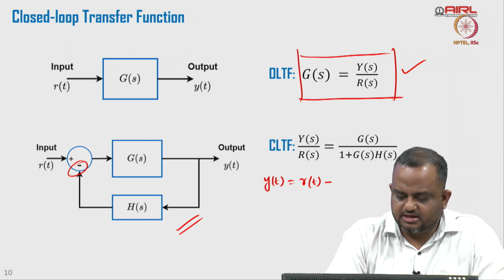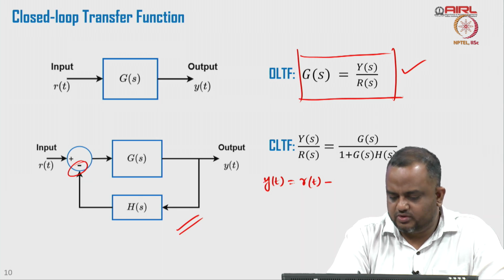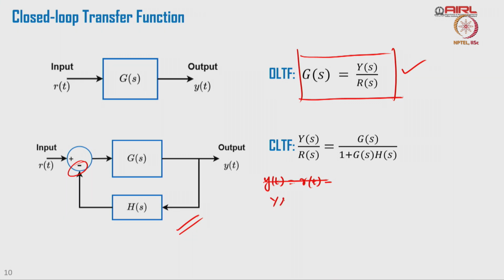Okay, I will take it in the Laplace domain itself. So, it becomes something like this, Y(s) equal to R(s) minus this particular term Y(s) into H(s), right.